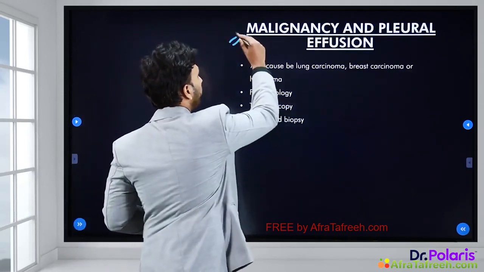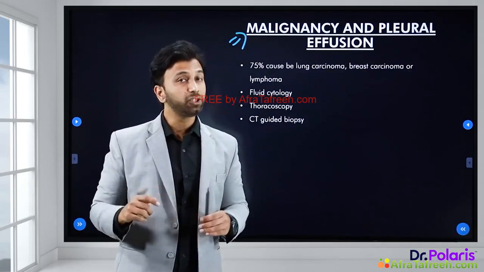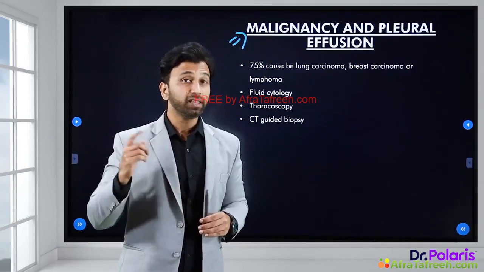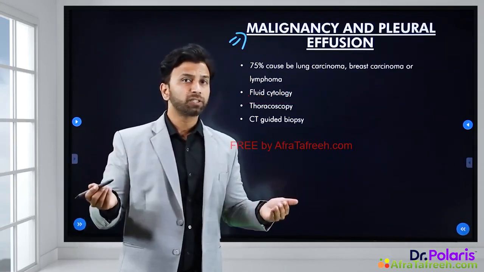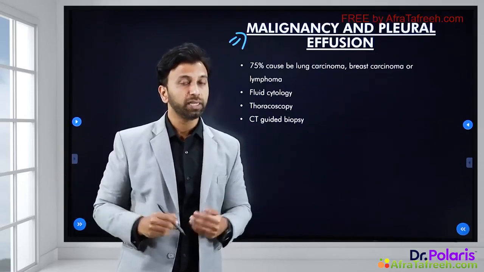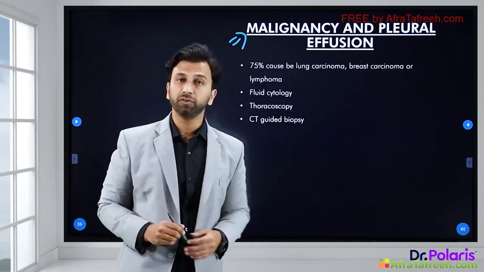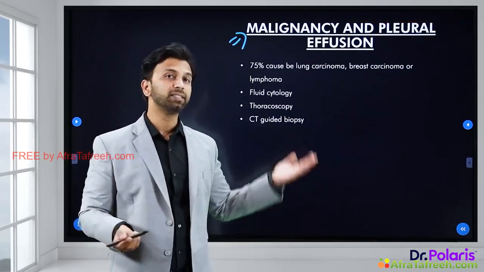Now, as I told you, malignancy is the second most common cause of exudative pleural effusion in the Western world. In our country, the most common cause is bacterial pneumonia, forming a parapneumonic or synpneumonic effusion. The second most common cause is a tuberculous effusion. And the third cause is malignancy.